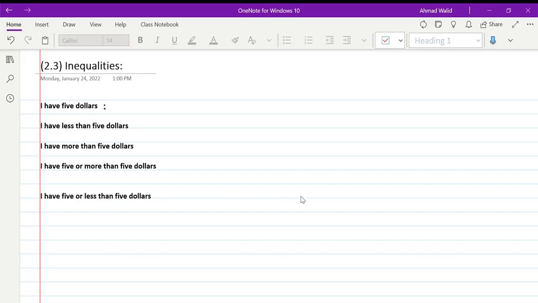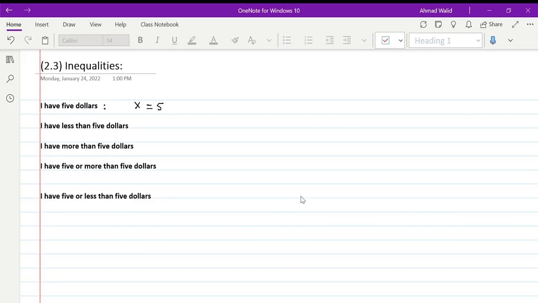In English, I can say I have $5. In mathematics, how to show that in an easy way? If I name my money X, my X is $5. Correct? X is $5.